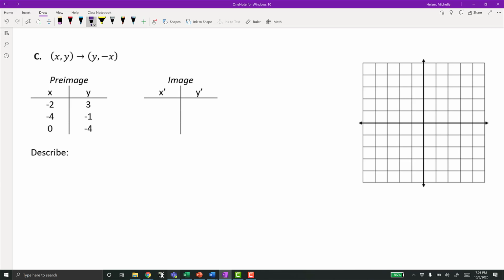Alright, so I'm going to go through and fill this in. So what this tells me is if I have a point x comma y, I want to put y first. So here's my point, put y first, and then I'm going to put the opposite sign of x. So x is -2, which means it's going to become +2. I'm going to repeat that process.